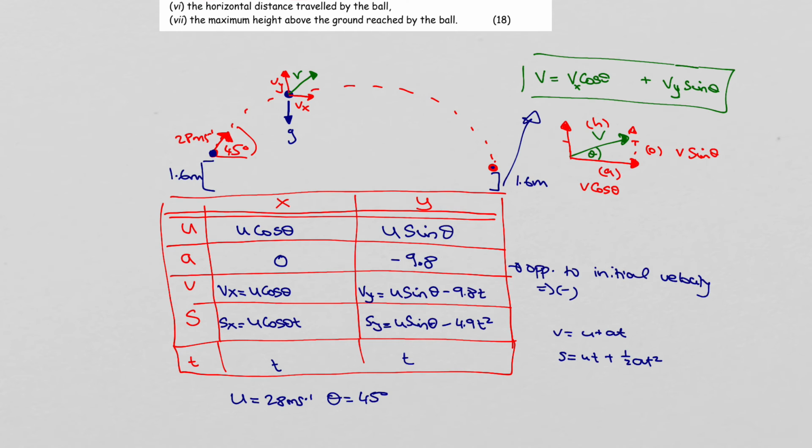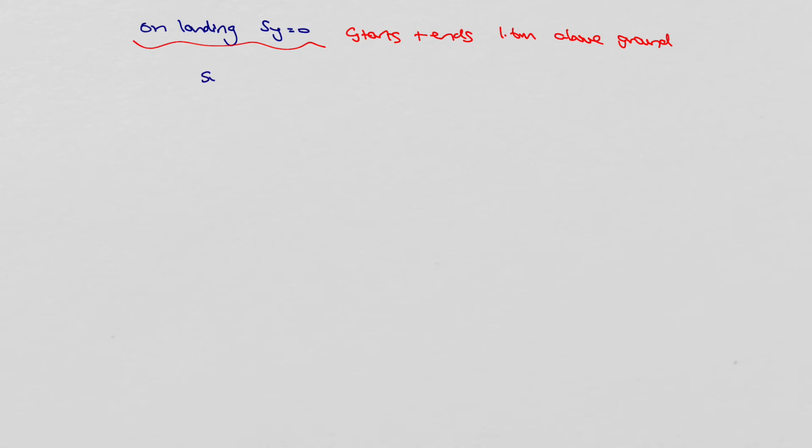So if we go back to our equation there, we have u sine theta t minus 4.9 t squared. So sy was u sine theta t minus 4.9 t squared. And we're going to let that equal to 0, where u is 28 meters per second. Theta was 45 degrees. There should be a t there, equals 0.